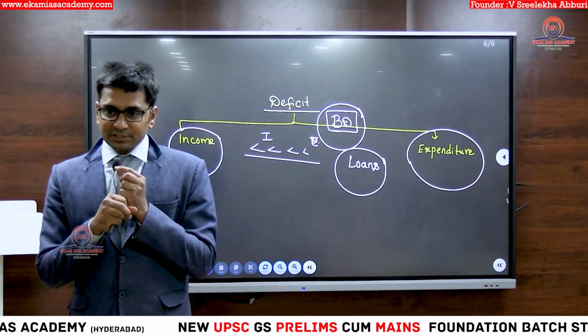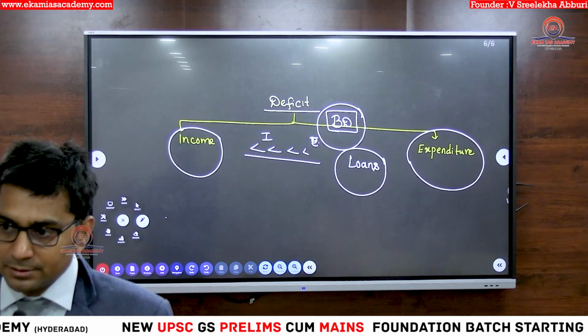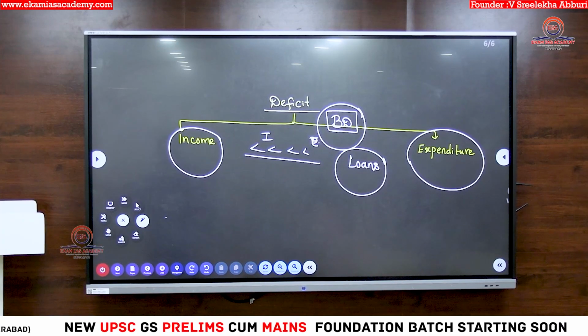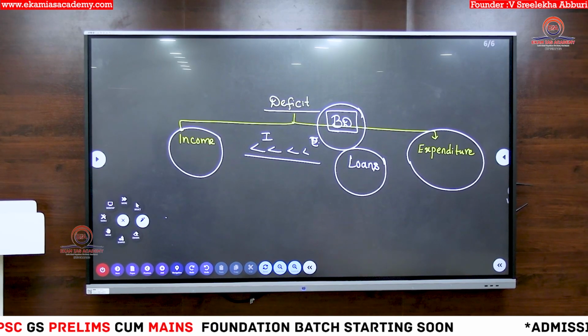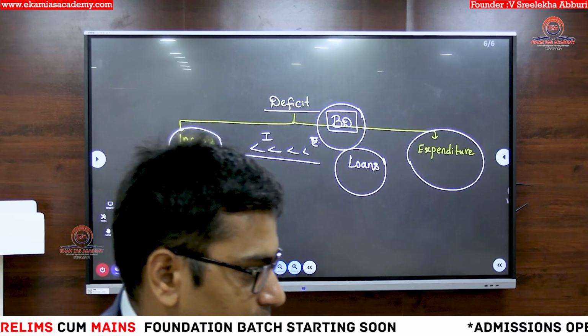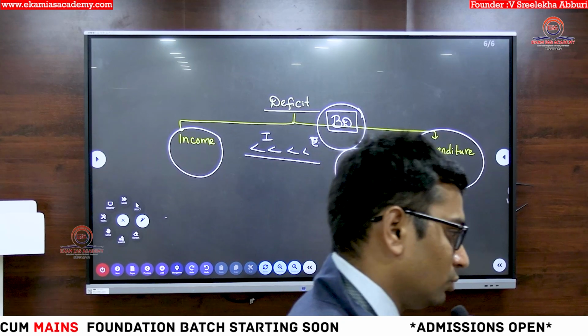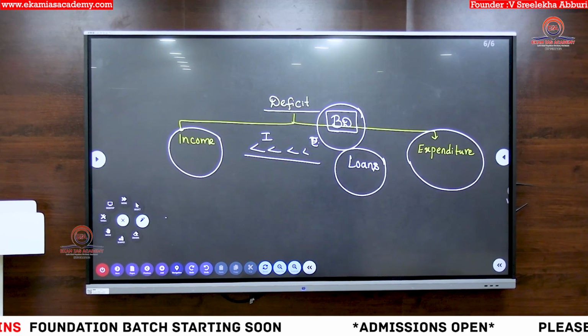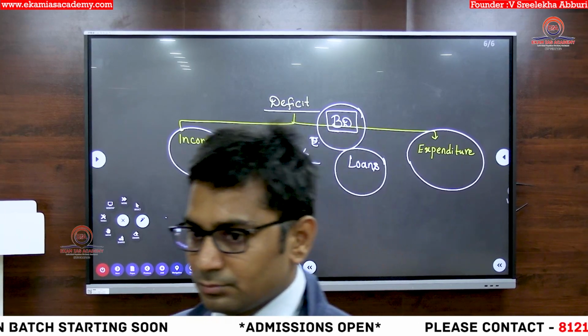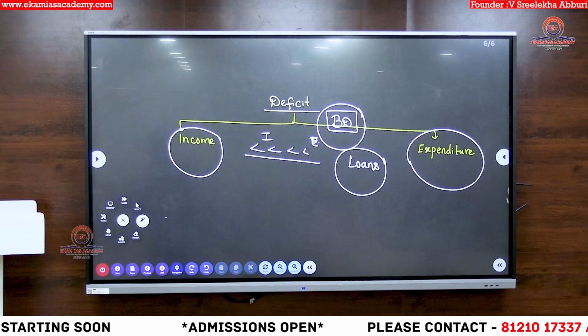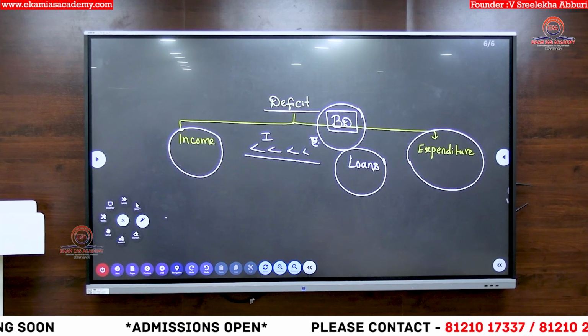If there is budget deficit, government increases income through loans. Full stop.